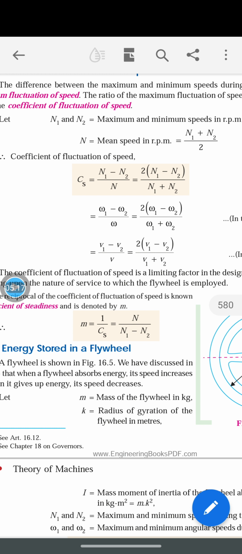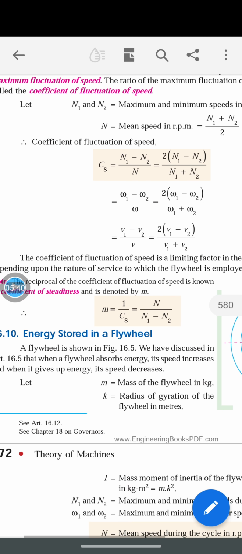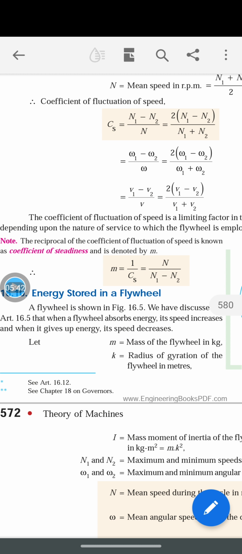We can write in terms of angular velocity, omega 1 minus omega 2 by omega, and in terms of velocity, V1 minus V2 by V. Mostly we will use the formula in terms of capital N. Moreover, there is another formula for coefficient of steadiness, denoted with small m, which is the reciprocal of the coefficient of fluctuation of speed, so m is equal to 1 by CS.